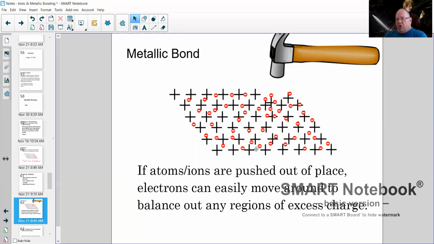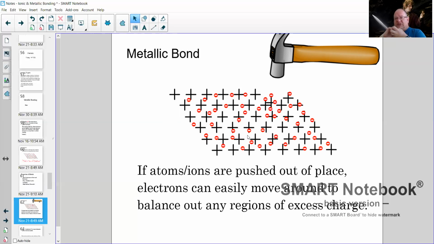What is actually holding this all together? Well, if each atom effectively loses an electron, that makes it a positive ion. And then you've got negative electrons drifting around. And there is an attraction between positive and negative. So every positive ion in this network is attracted to every negative electron in this network and vice versa.